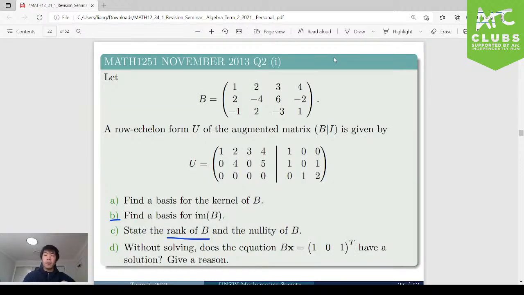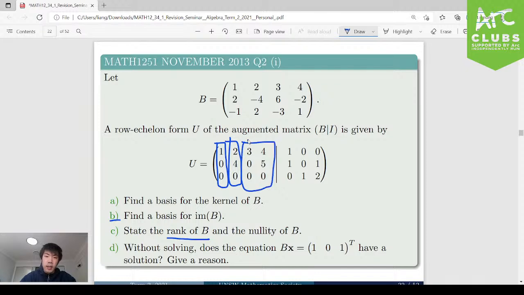Because if these two are your leading columns, then hopefully you should know from the linear independence work in the previous part that since these are leading columns, they're linearly independent, and the non-leading columns are dependent on these two columns.